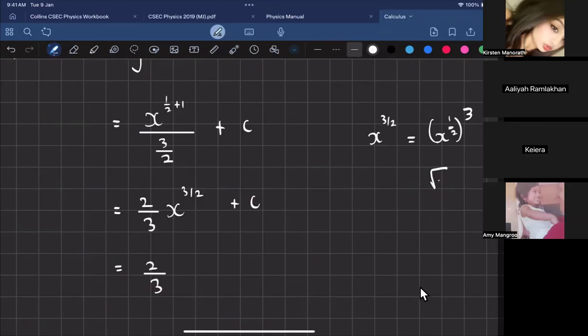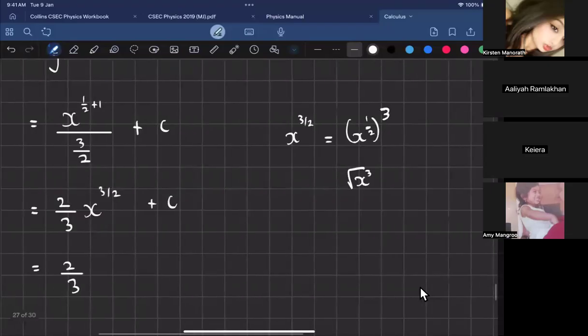So we have the square root of x raised to what power? 3. Yeah, that's it. We could have also said x to the power 3 raised to the power a half. So you have the square root of x cubed.